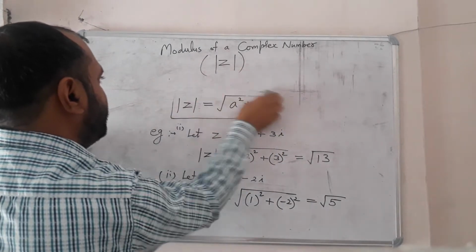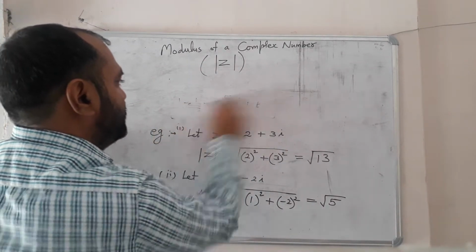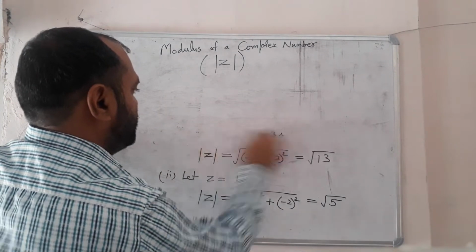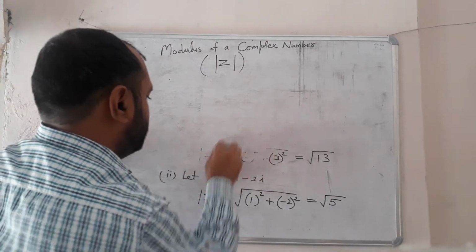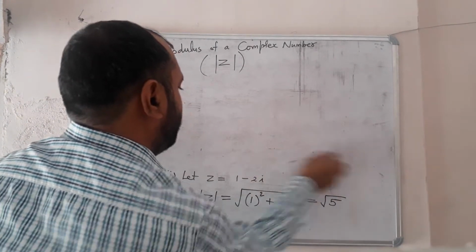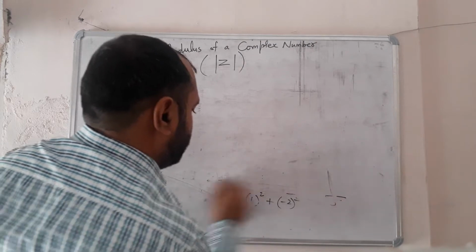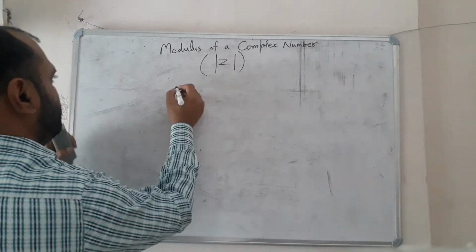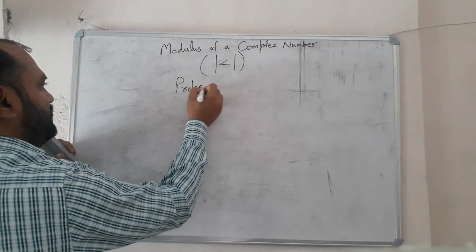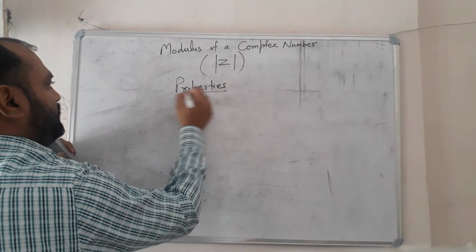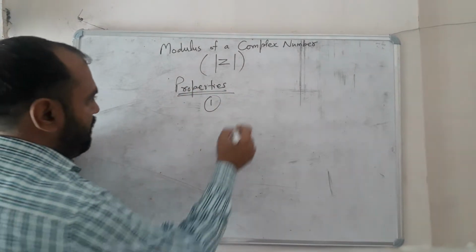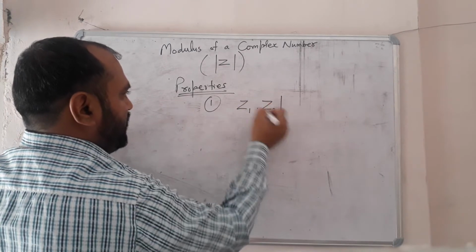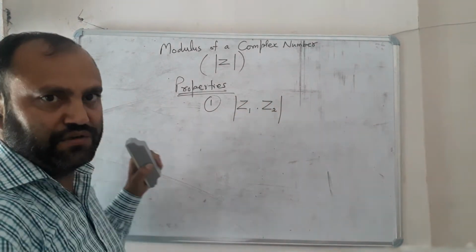Now we are doing properties of modulus. First property: there are two complex numbers Z1 and Z2.